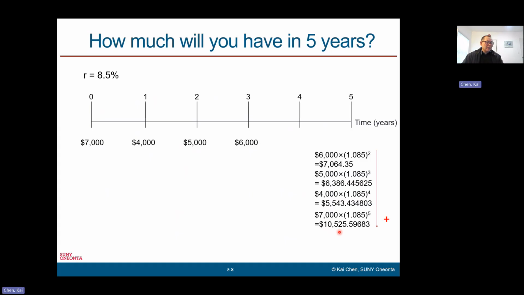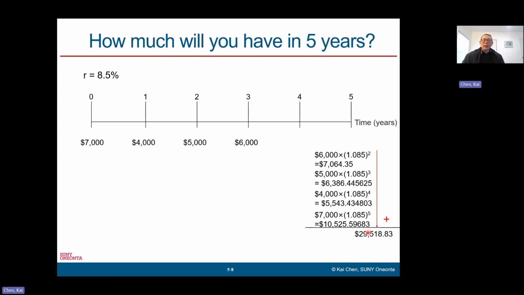Then sum them up. Now we can get the sum, that is $29,518.83. Now you can see you can answer your question. After 5 years, after you graduate from your MBA program, can you afford your favorite car?